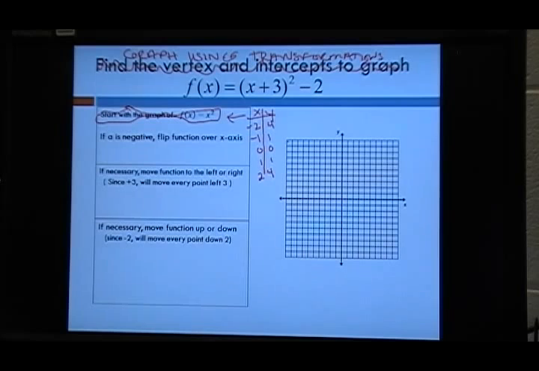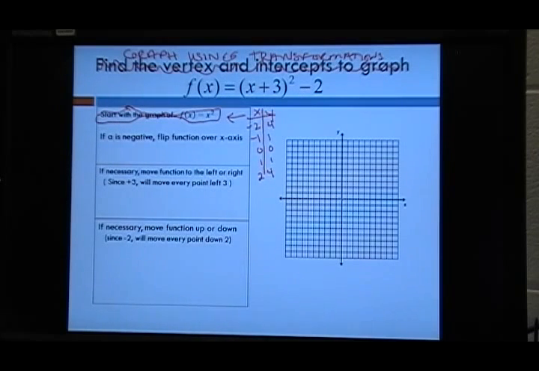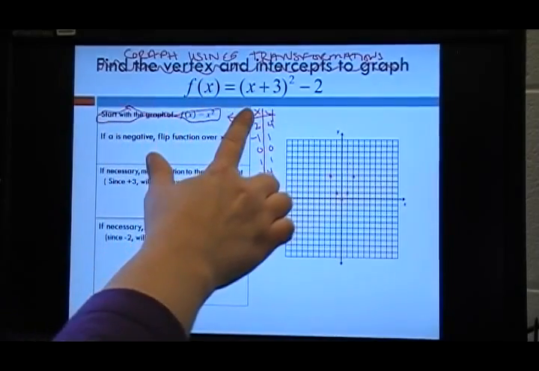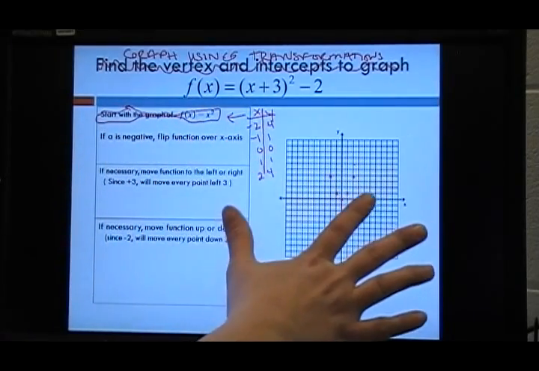Okay, so you would start by placing all of those points on the graph. So point at -2, 4, -1, 1, 0, 0, 1, 1, 2, 4. And so what we're trying to do is to graph this parabola by taking this parabola and shifting it.